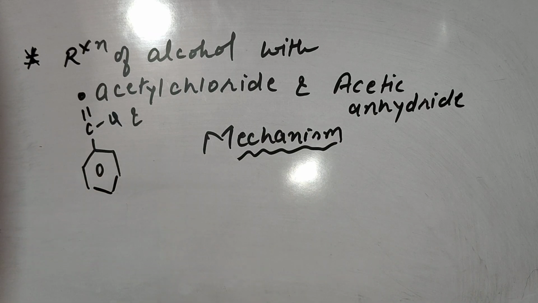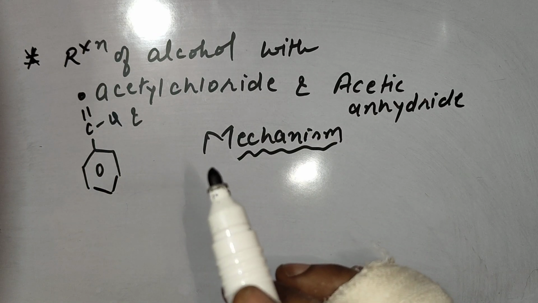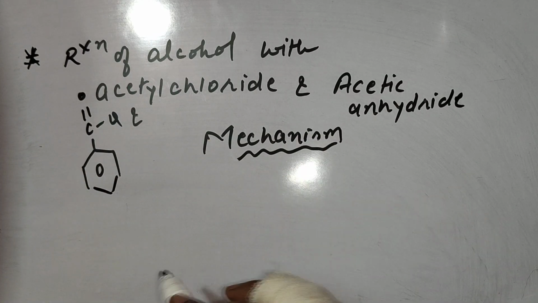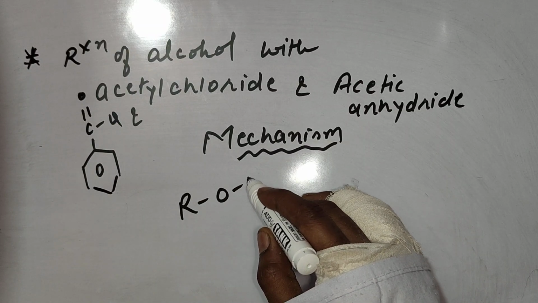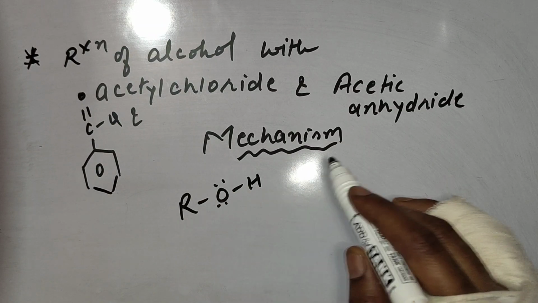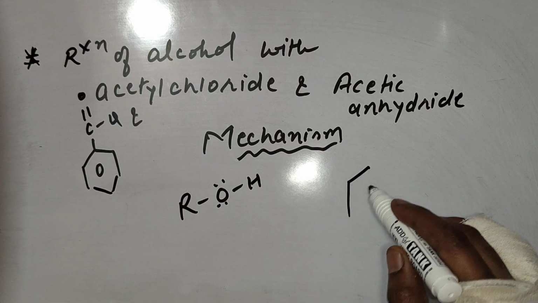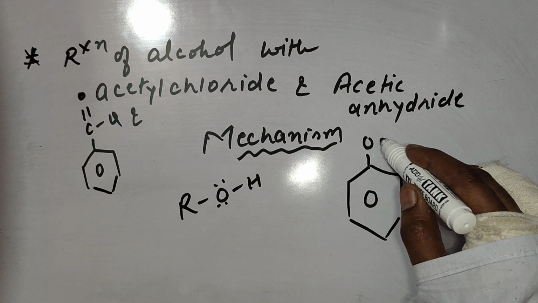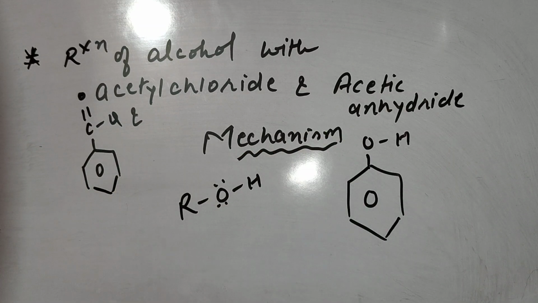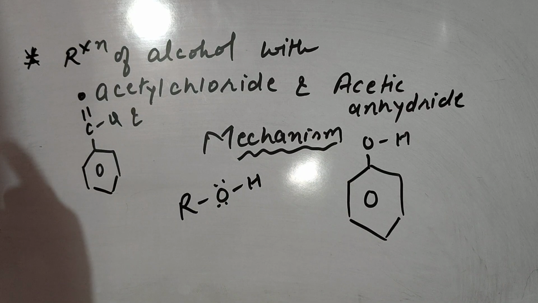There is no difference in the mechanism. So please check those videos. What you have to do: in those videos, I have used the alcohol molecule, ROH. At the place of the alcohol molecule, you just need to use the phenol molecule. And the rest of the mechanism will be the same. There is no change. Every piece of information is given in those videos.